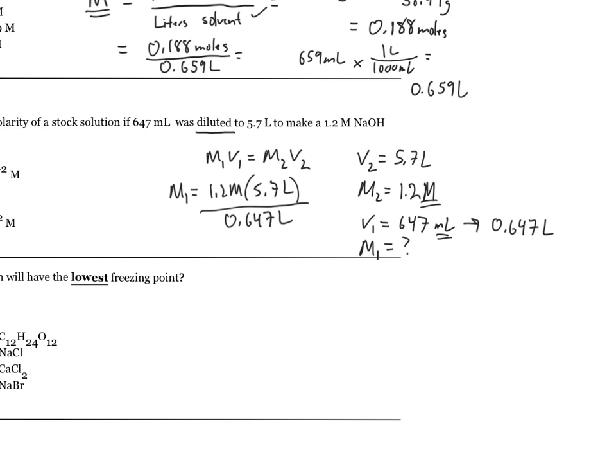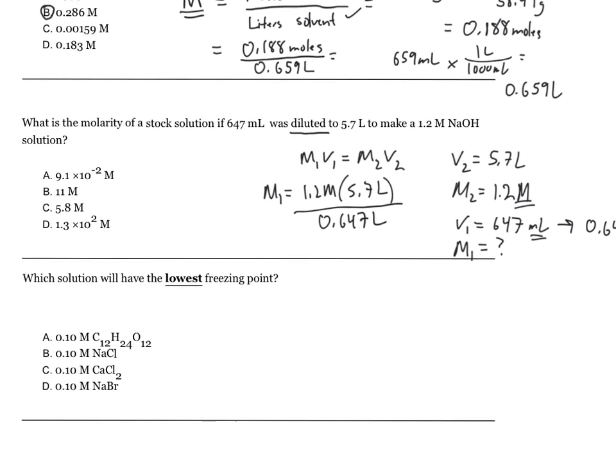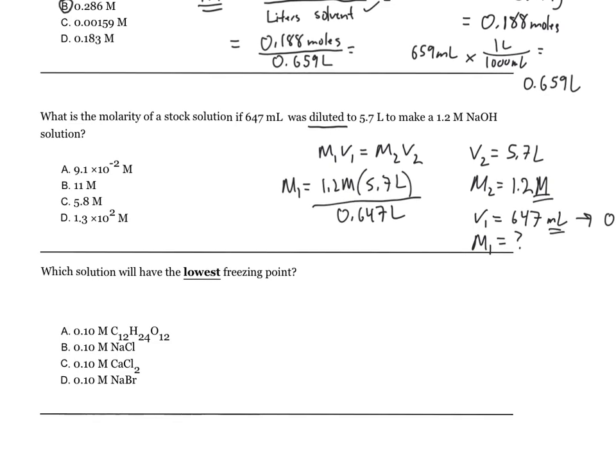And that rounded, 10.5, is what you would get, but it's multiple choice. 10.5 would round to 11 molar. Next question, which solution will have the lowest freezing point?